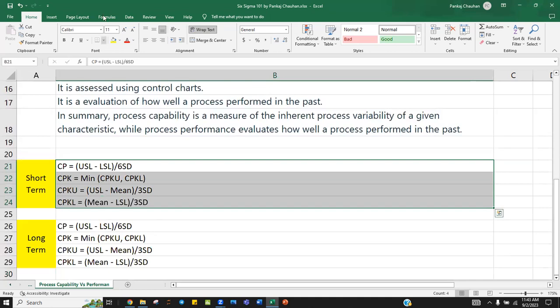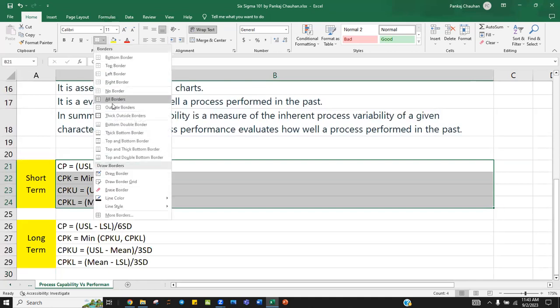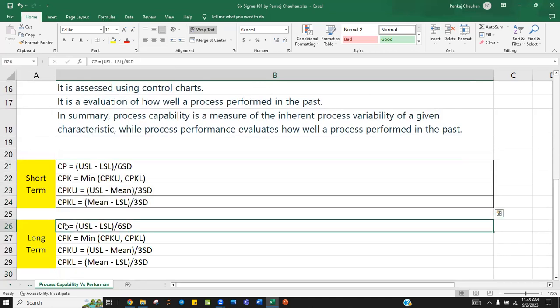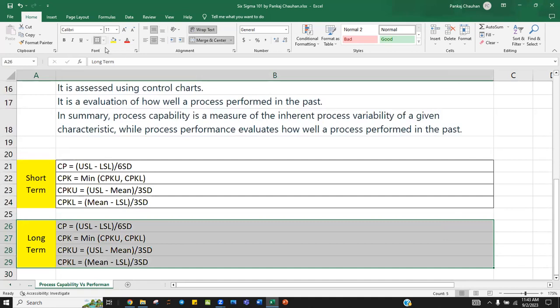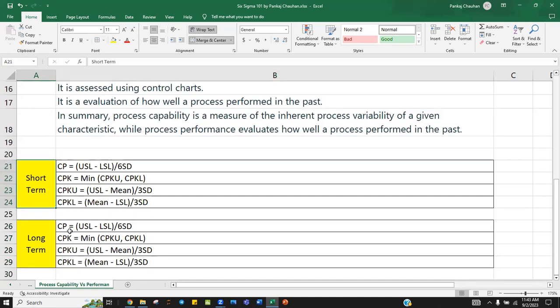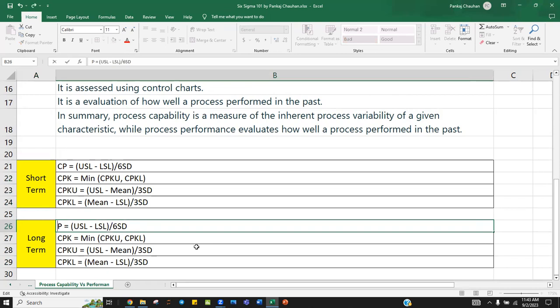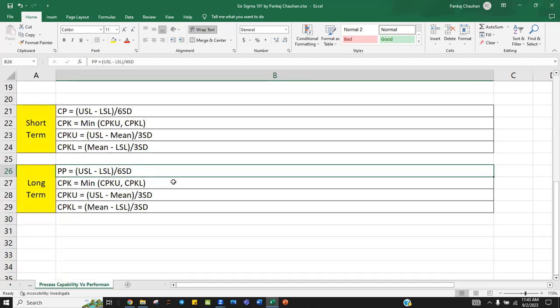The formula remains exactly the same, nothing changes, only the nomenclature changes from CP to PP. That's all. So C will be replaced by P here. So PP is equal to USL minus LSL divided by 6 times the standard deviation. PPK will be the minimum value of PPKU and PPKL.